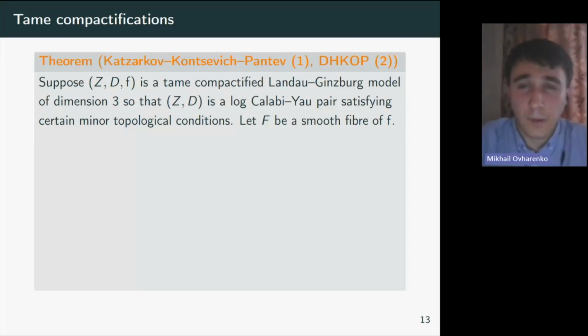And let F be a smooth fiber of the corresponding morphism to P^1.